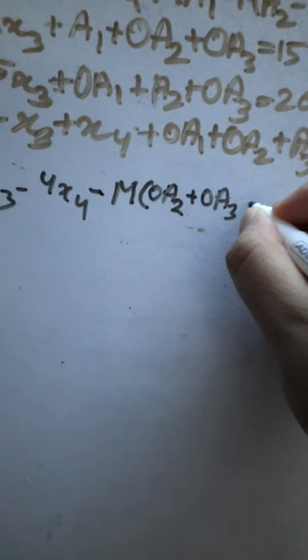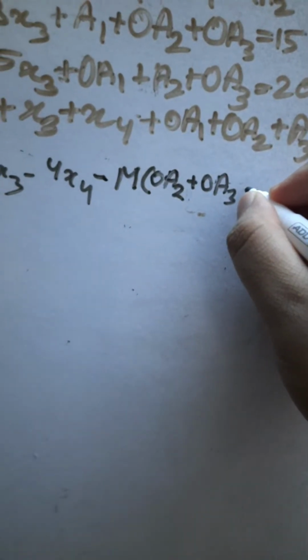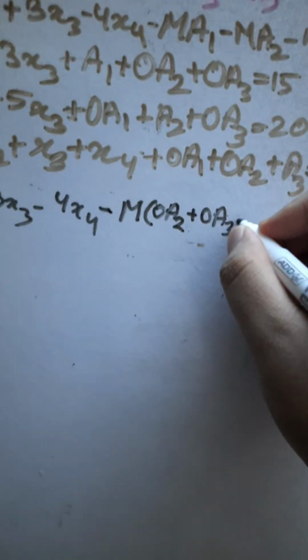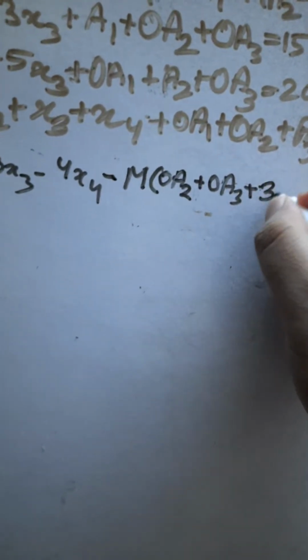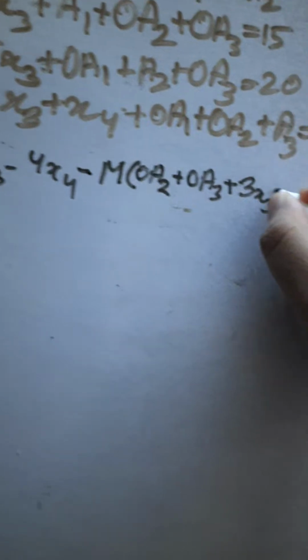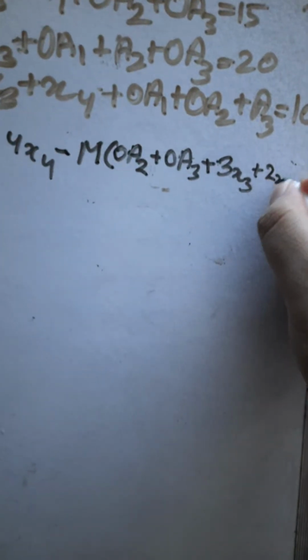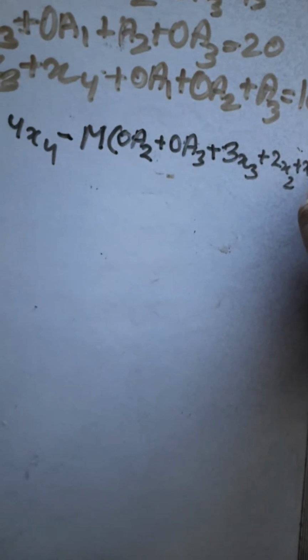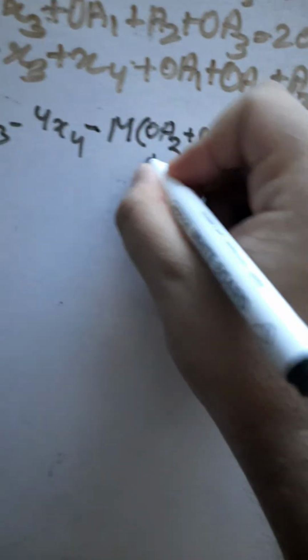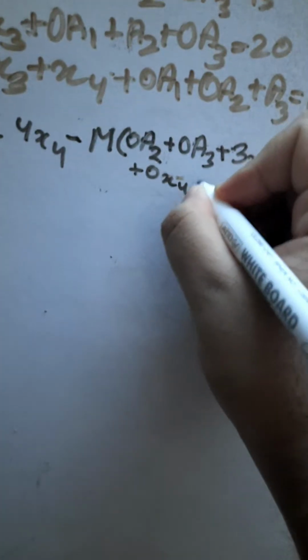0a3, 3x3 plus 2x2 plus x1, 0x4 minus 50.